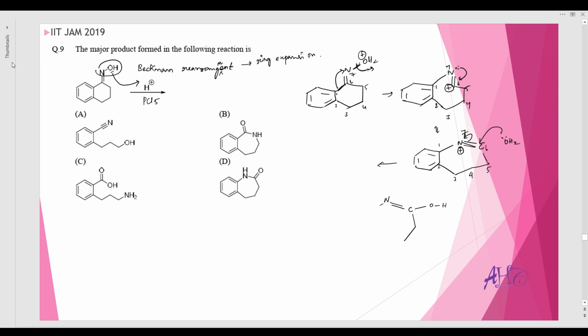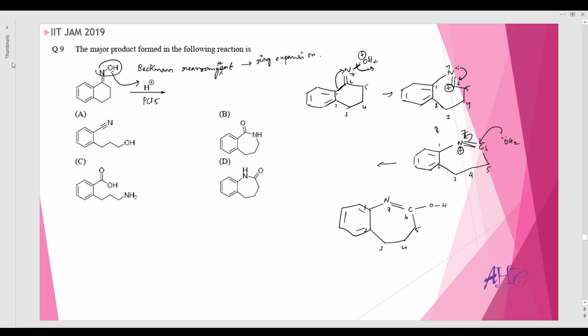So 1 2 3 4 5 6, and 7. This is going to form a group like this, a 1 2 3 4 5 6 and 7 group, and then we have your normal benzene group attached to it.